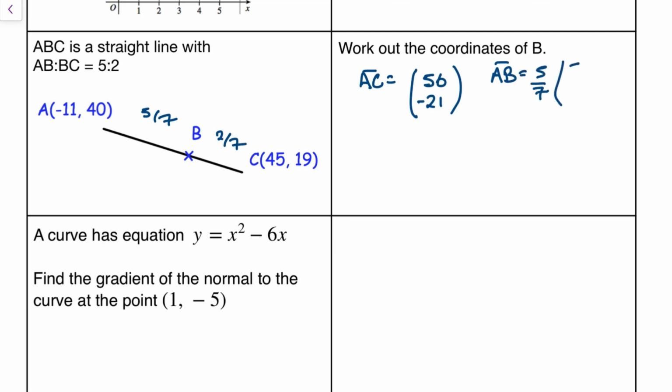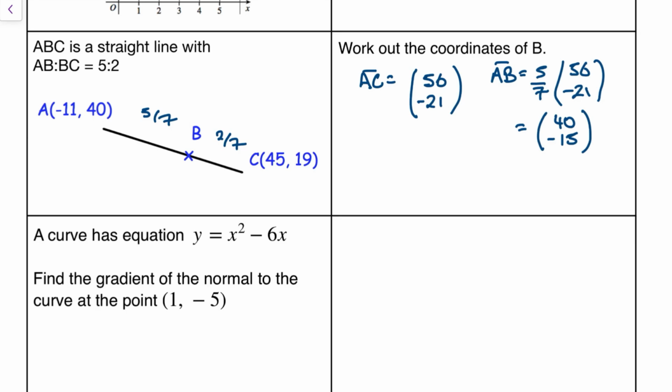So I'm going to write it out. So 5/7 of 56 minus 21, which is now 56 divided by 7 is 8. 8 times 5 is 40. That's 40. Minus 21 divided by 7 is minus 3, times by 5 is minus 15, which means I have my vector to get from A to B. But that's a vector, it's not a point.